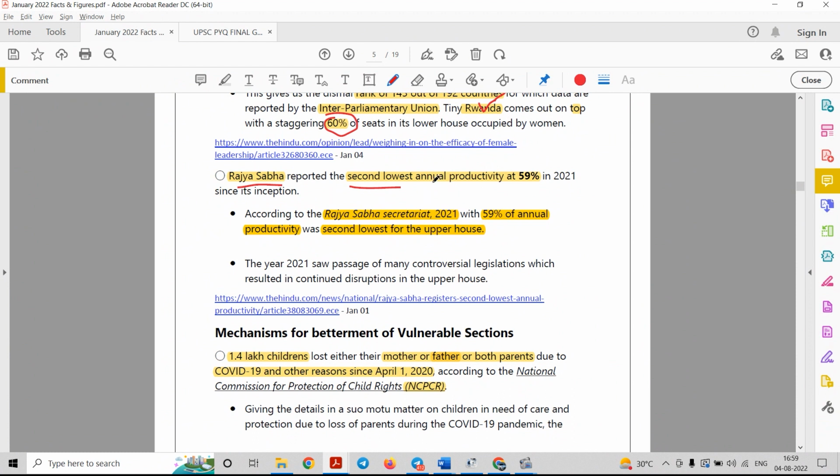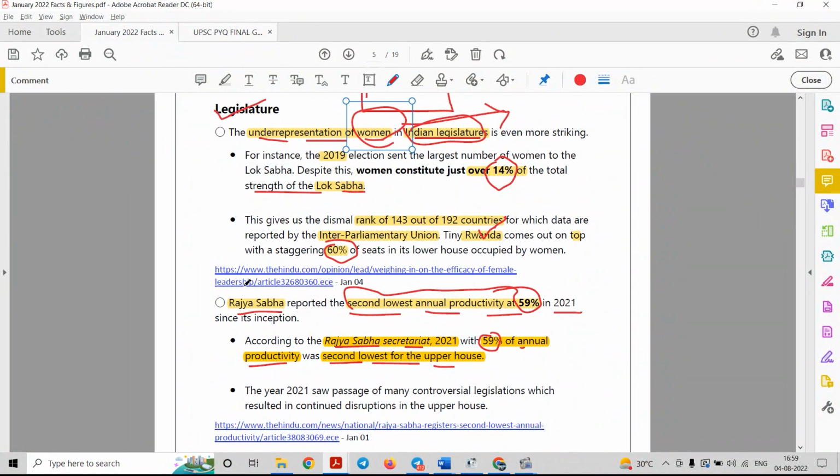So it is a senior chamber, but in recent years its productivity is declining, and according to our findings, the second lowest annual productivity, at 59%, was recorded in 2021 since its inception. According to the Rajya Sabha Secretariat, 59% annual productivity was the second lowest for the upper house. So whenever there is a question, for example, a question may be asked on what is the relevance?